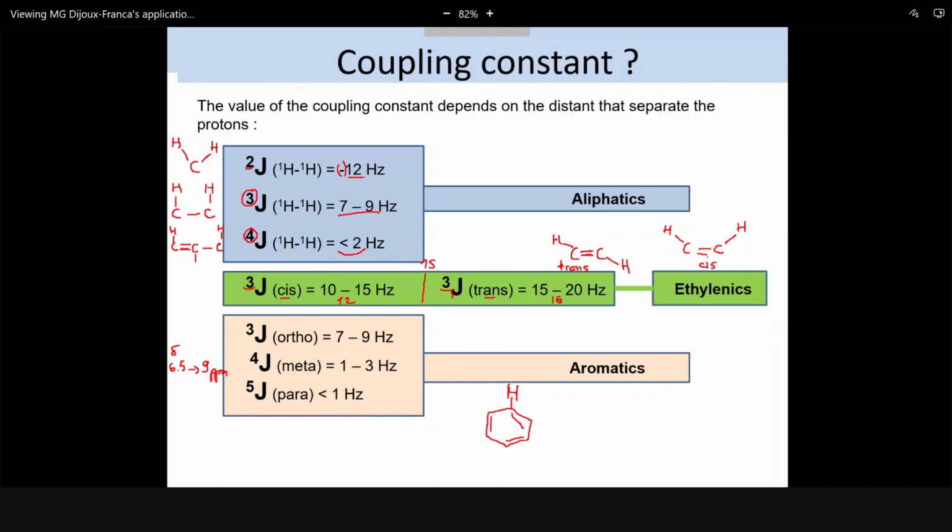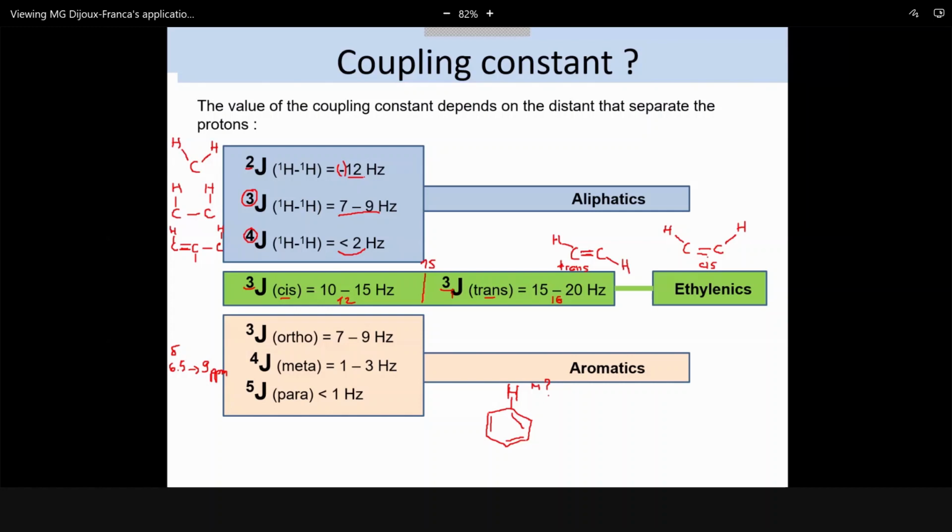Please, can one of you answer? I don't know. Can you repeat the question? If on the aromatic ring here I have no other proton, what will be the shape, the multiplicity of this proton?